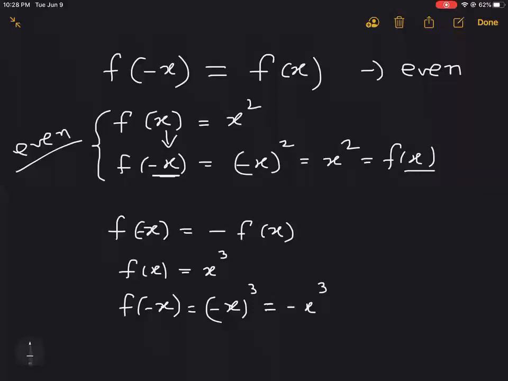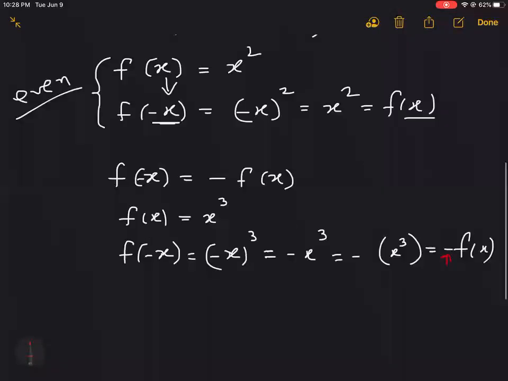Which is definitely the negative of the functional value of f of x. That's a negative, okay? So that means as you're replacing your x by a negative, you're actually getting a negative value of the same function. So we'll call this an odd function, okay? That's the basic definition.